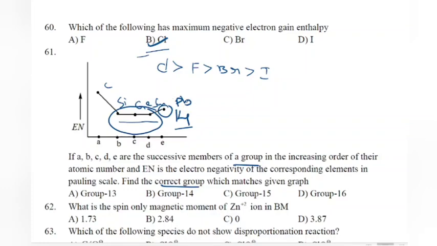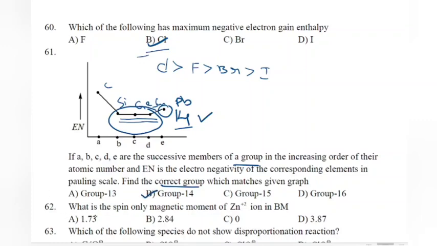which is having an exceptional case in electronegativities, atomic sizes, and all due to inert pair effect. So remember, the electronegativities of all the elements are almost same for the 14th group elements. So which is the correct one? This B is the correct one.